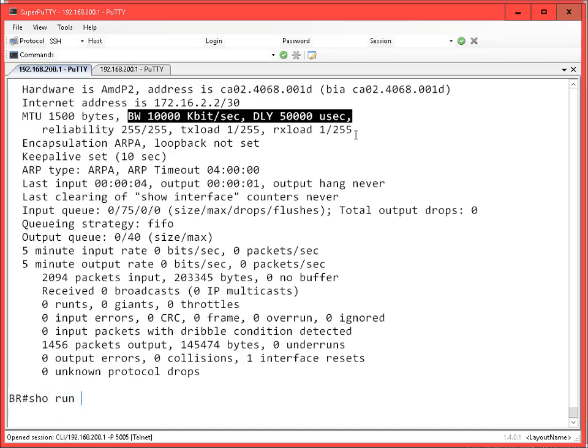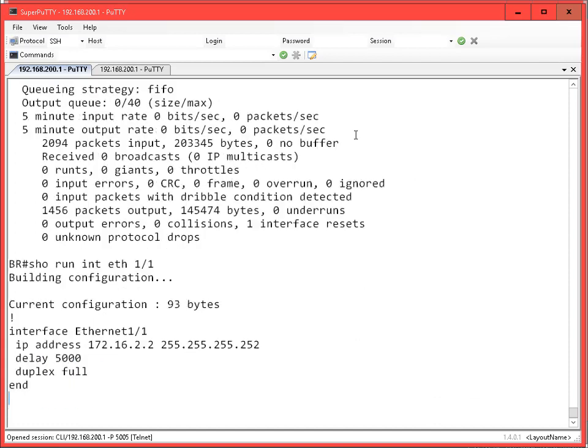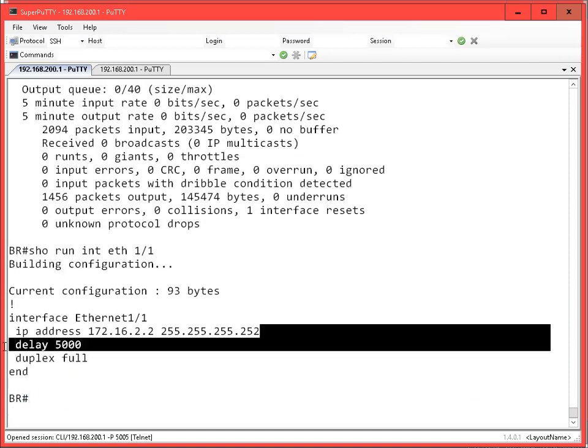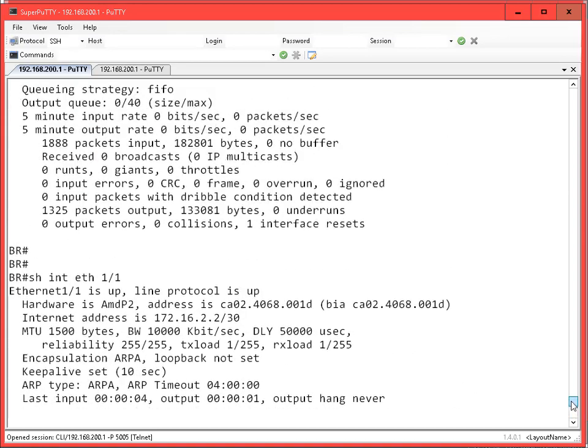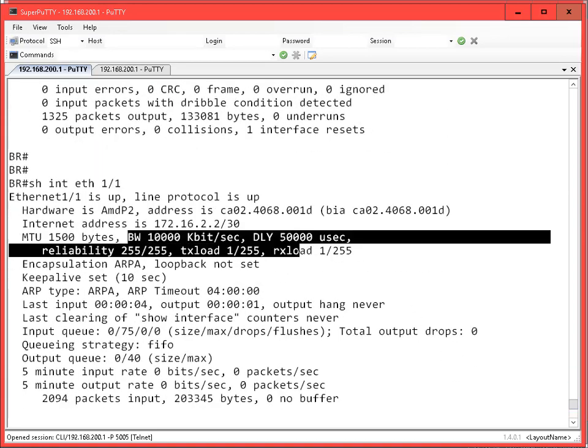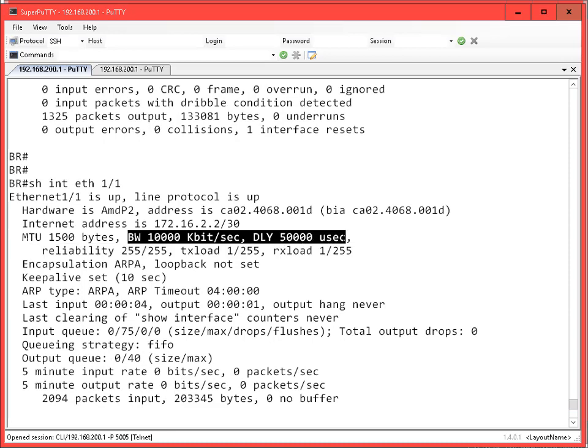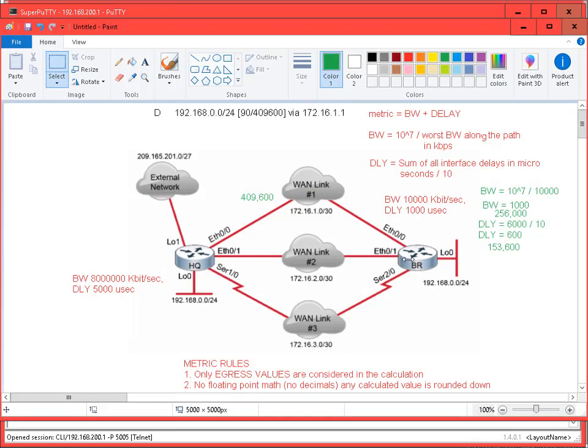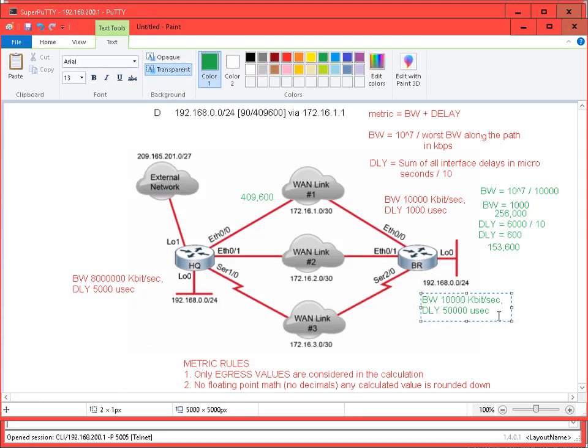If I do a show run interface Ethernet 1.1, you can see that we've actually modified the physical delay of the interface to affect the metric, which is why we're not load balancing. If I took that out, I'd end up load balancing over that circuit path. So now, based on this number, I can predict what that metric is going to be. I'll drop this in here. Oops, let's make that red so it matches.